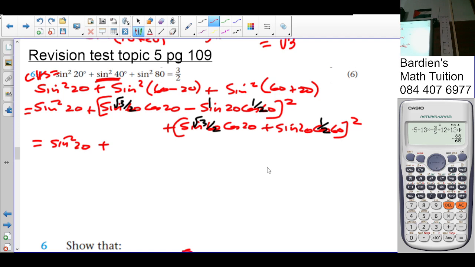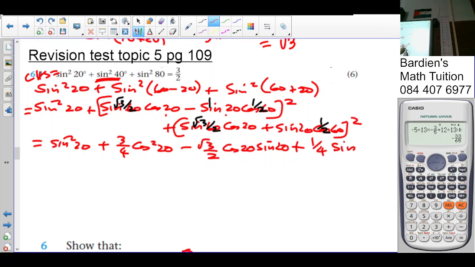So square the first term: 3 over 4 cos squared 20, minus that times 2. Half times root 3 over 2 is root 3 over 4, times 2 is root 3 over 2, cos 20 sine 20. Plus the last term squared gives a quarter sine squared 20.